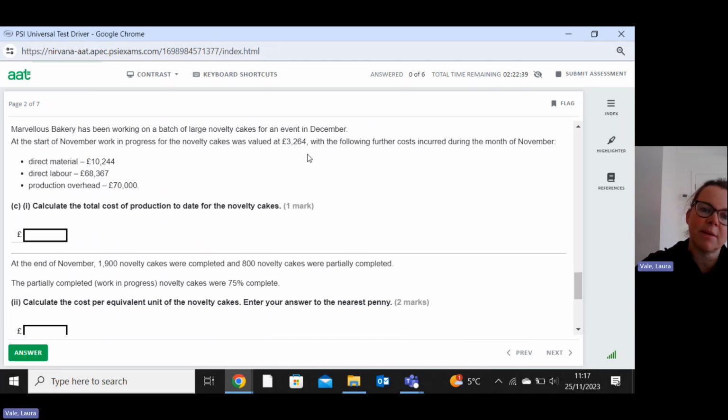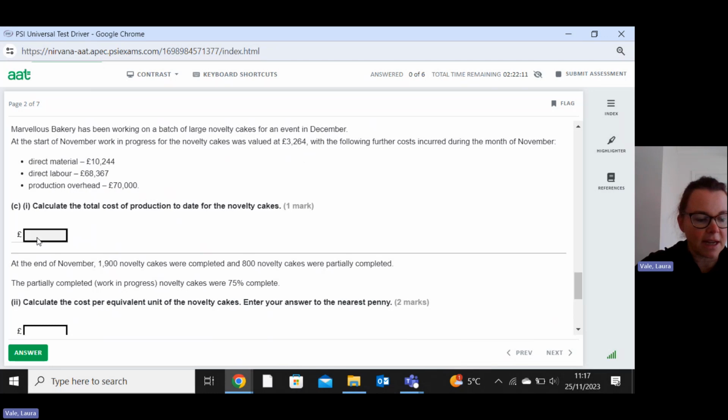Right, so we started November, we'd already put this much cost for that, could be a combination of materials, labour and production overhead. That's what's been incurred so far, and then we've got these additional costs to come. So the total cost of production to date for the novelty cakes is going to be simply all of those numbers added together.